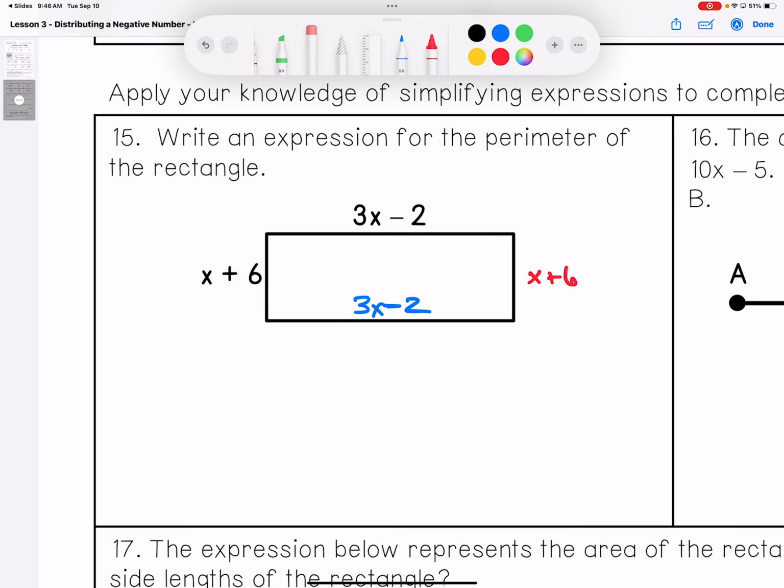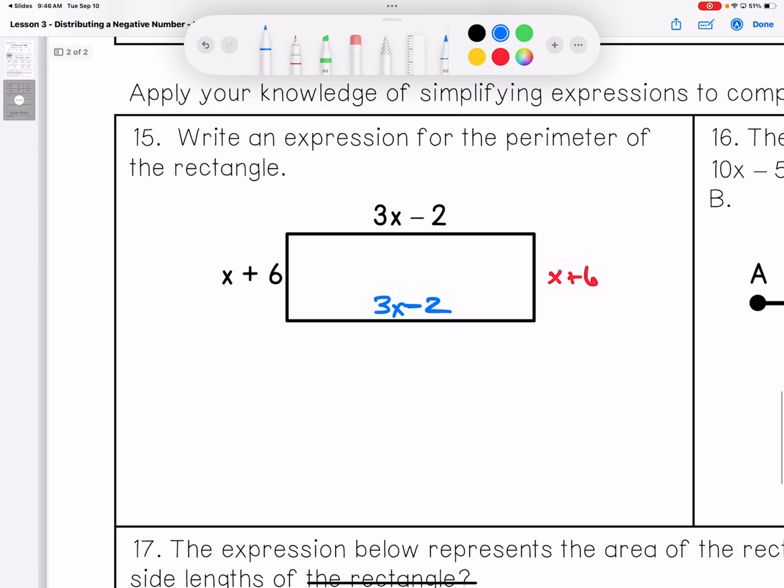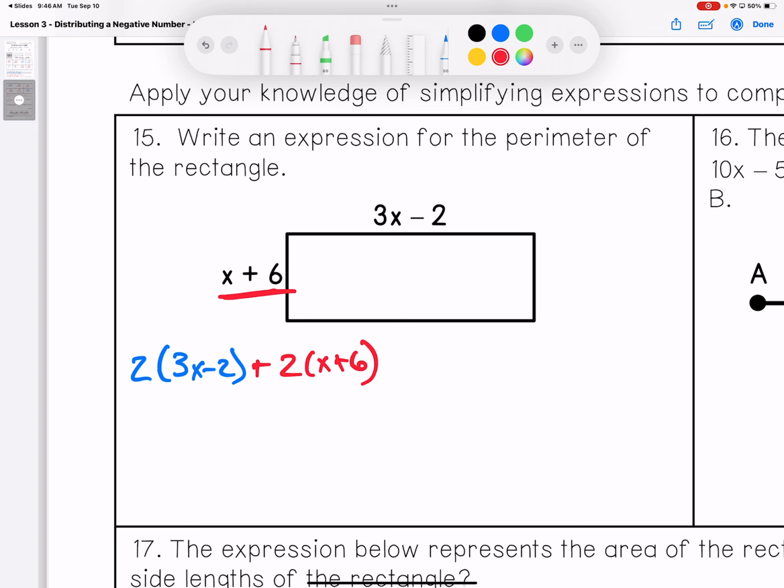There's a better way. We know that each side is going to be used 2 times. So we could go 2 times all those numbers, plus 2 times that side, because that side is used twice.